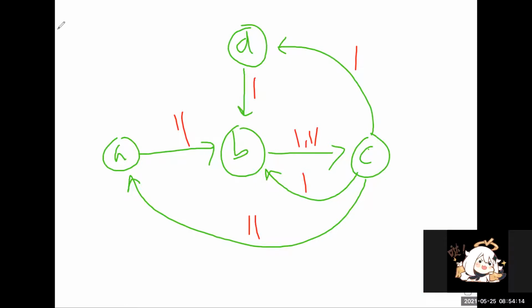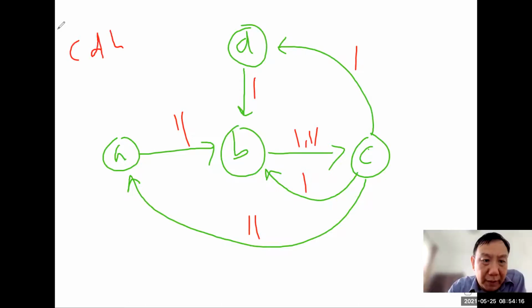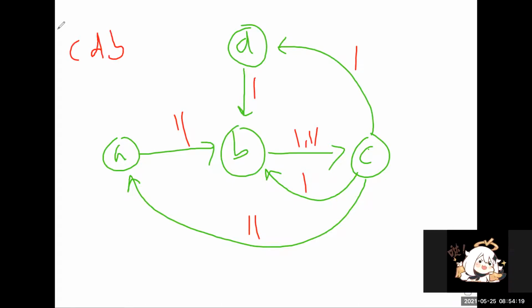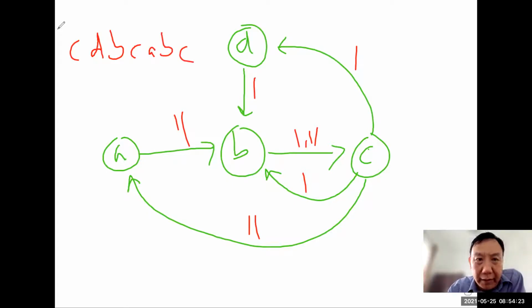C, D, B, C, A, B, C. Is that correct? Okay, let's do it. First is C, D, so you got 1. And then D, B, right?